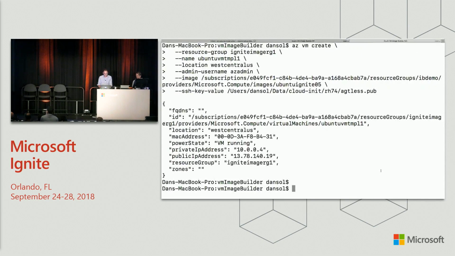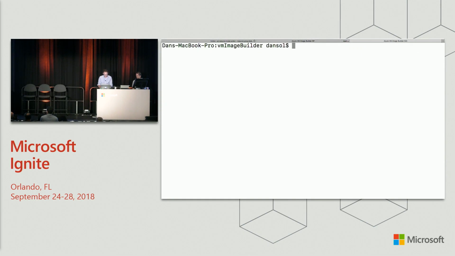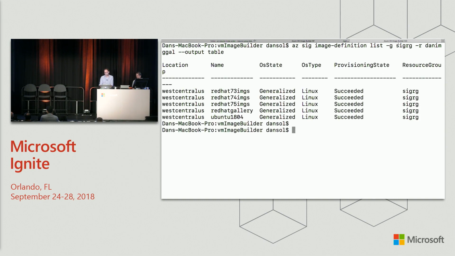Essentially, I'm referencing my resource group and my image gallery. I don't have a lot of creativity, so mine's called Dan IMG Gal. Then you can see I have a bunch of image definitions: Red Hat 7.3, and down here Ubuntu 18.04. Think of these like the containers for the image versions.